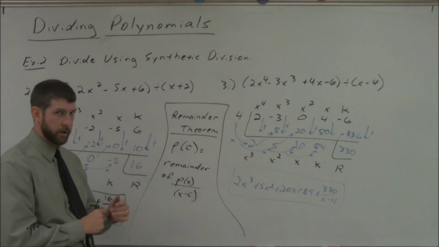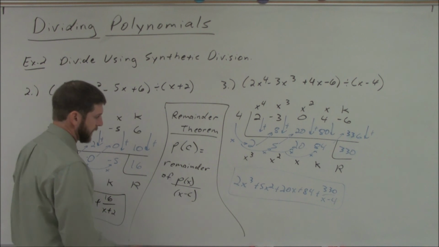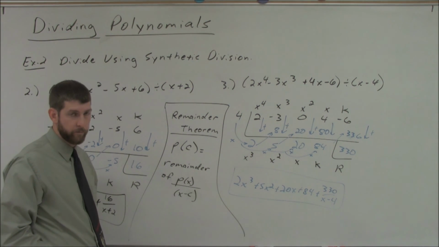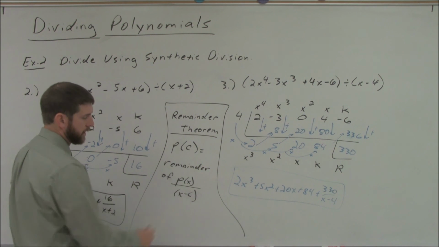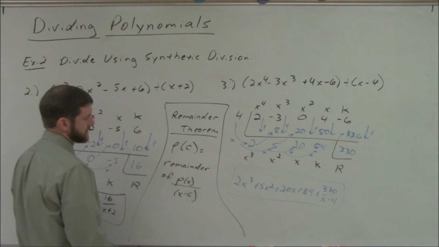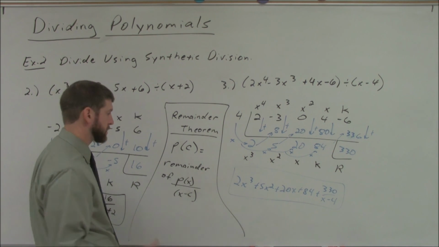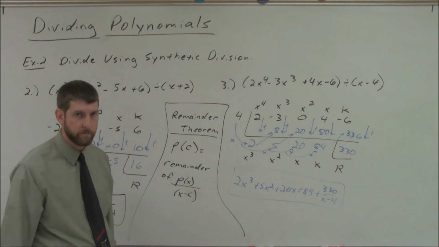So here's what remainder theorem actually tells us. If I divide a polynomial by a linear binomial, that remainder that I get is the same thing as if I had taken the opposite of that constant and just plugged it into my function.